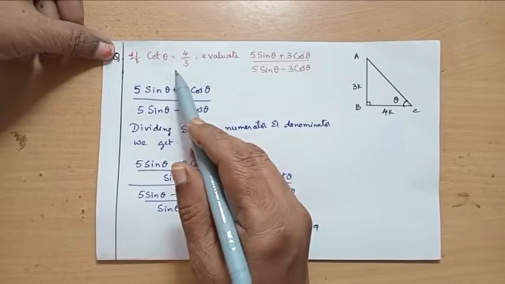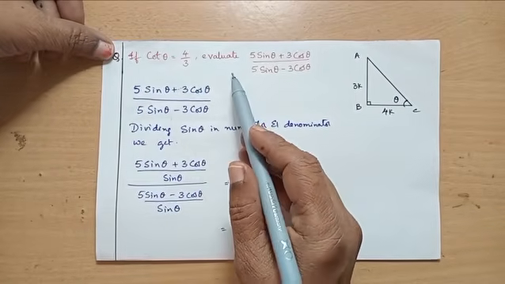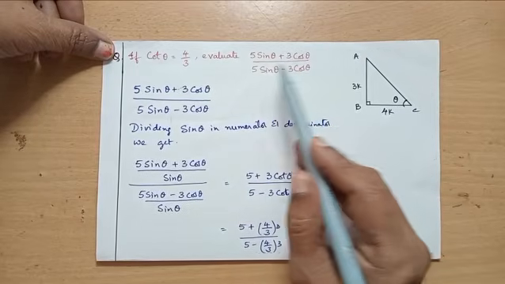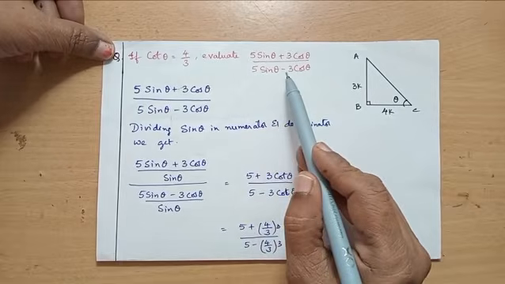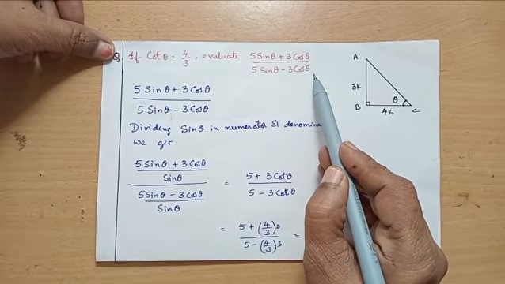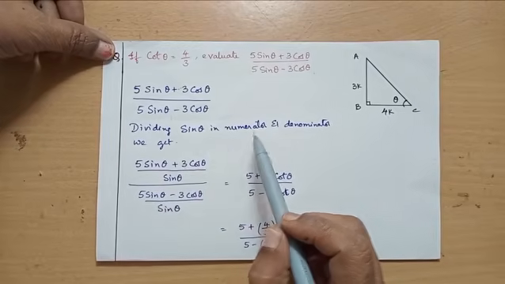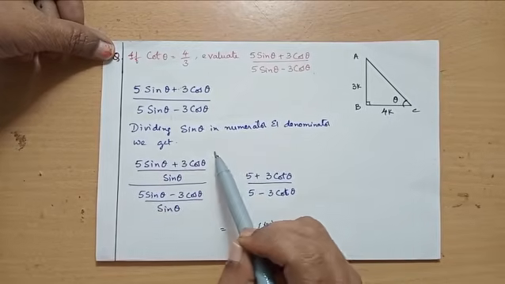If cot theta is equal to 4 by 3, evaluate (5 sin theta plus 3 cos theta) whole divided by (5 sin theta minus 3 cos theta). In this, let us divide by sin theta in the denominator and the numerator.